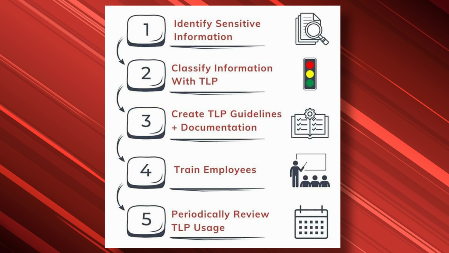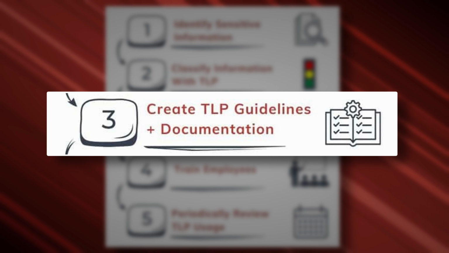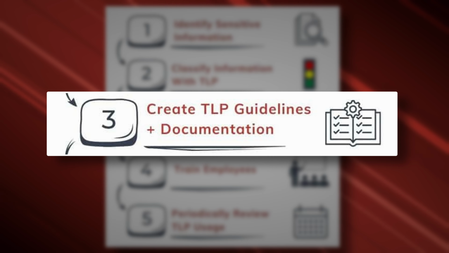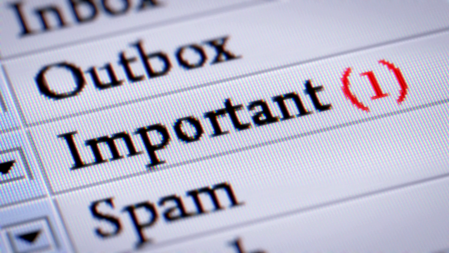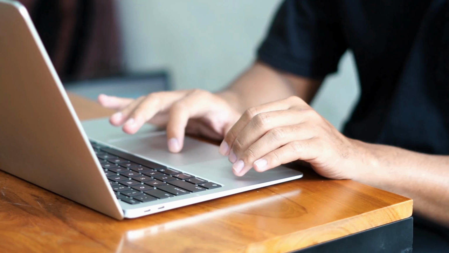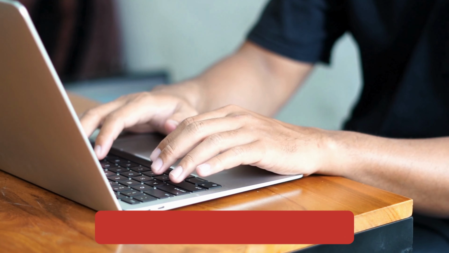Step 3 is all about creating guidelines, training, and documentation on the traffic light protocol. Once all of your sensitive information has been classified, you can develop policies and procedures for handling TLP labeled information. This is an important step because it establishes how your organization will use the traffic light protocol, ultimately dictating the success of implementing the framework.